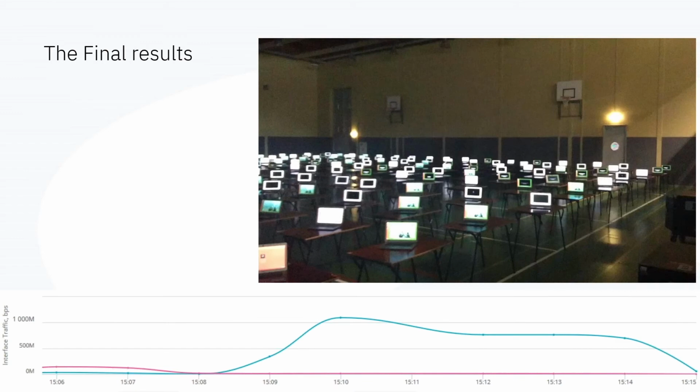Now, to give you an idea of how this looks, you see the bottom graph now compared to the other graph that I showed you earlier, where there's really this really smooth bandwidth all over. Again, this is measured from the switch where all the access points were connected to. So there's no retransmission, no backing off by clients, no big utilization crash or whatever. This looks really, really good.